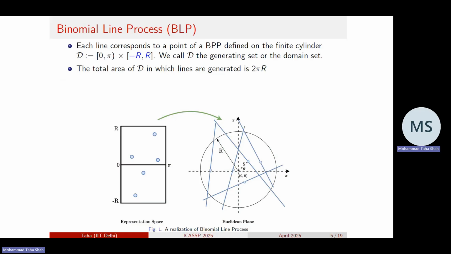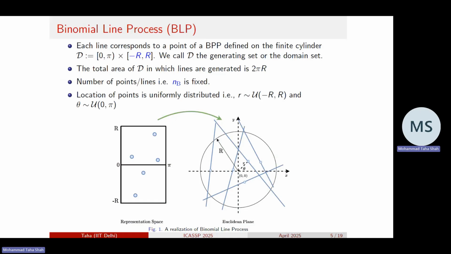Following figure illustrates the generating set and its mapping in the Euclidean plane. As you can see, the lines are mapped onto a confined circle, and then these lines extend up to infinity. In binomial line process, the number of lines or the generating points are fixed in B, and the location of these points are uniformly distributed.